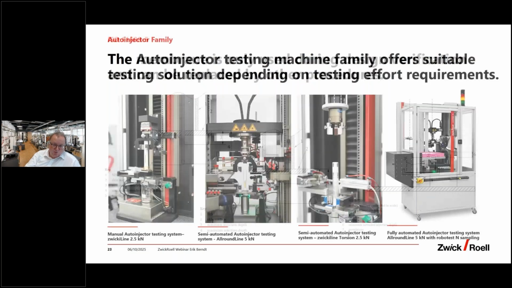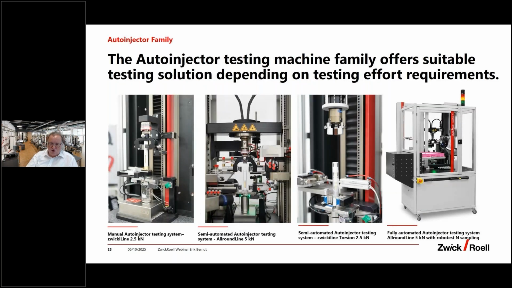And at the end, we created an entire family of autoinjector and pen testing solutions. Here we have to look if a customer is only doing some spare tests in his lab, or he's responsible for daily lot release testing. Often, if there are biologics involved, we are speaking perhaps of batches with values of millions of euros, and then the test system must be very reliable.